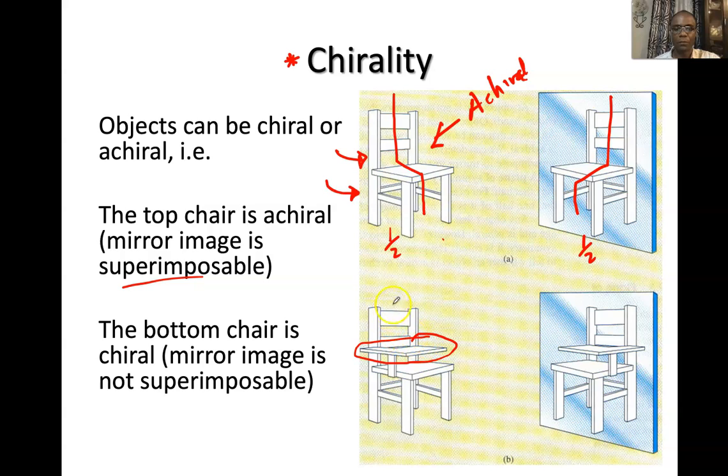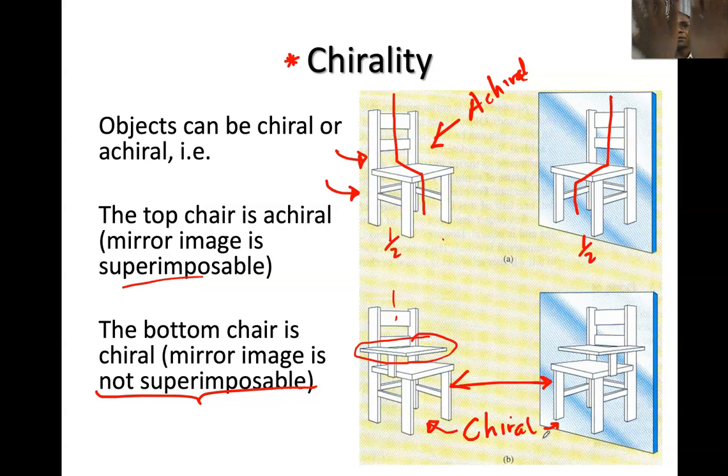It's so hard for you to cut this molecule into equal halves. Then this chair and its image are not superposable. They are non-superposable. And in that case, this chair and its mirror image are said to be chiral.